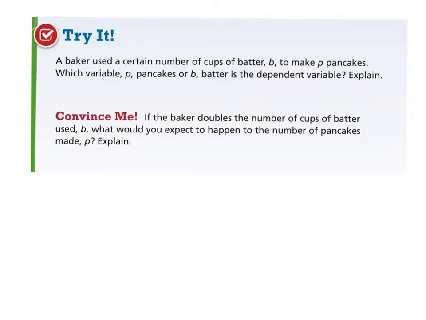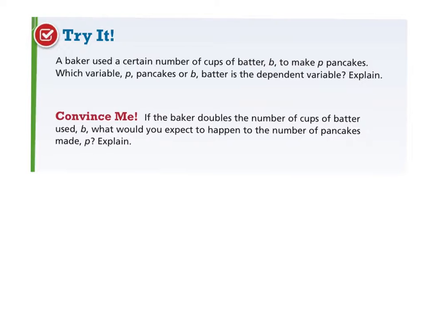On the Try It: a baker used a certain number of cups of batter, B, to make P pancakes. Which variable, P pancakes or B batter, is the dependent variable? Just to make sure everybody understands, if you're making pancakes from scratch, not getting a box of pancakes out of the freezer, you have ingredients that you put together, depending on if you're making it from scratch or using Bisquick or something.